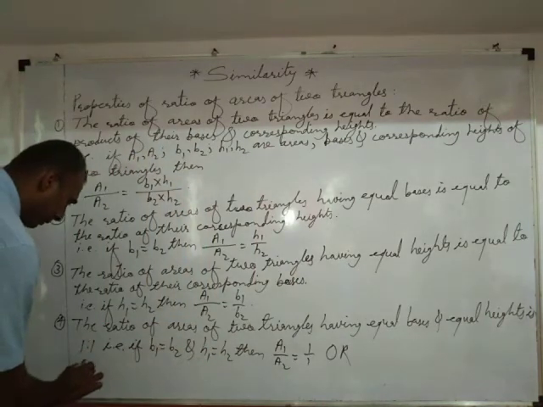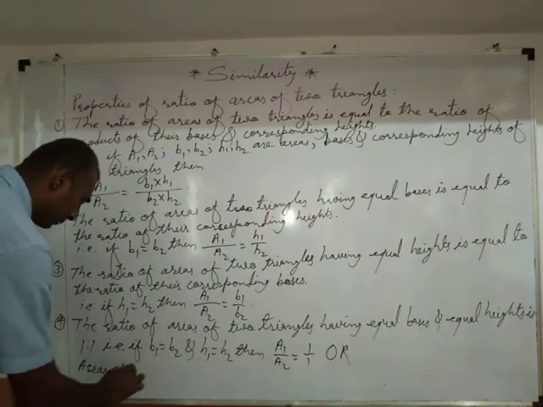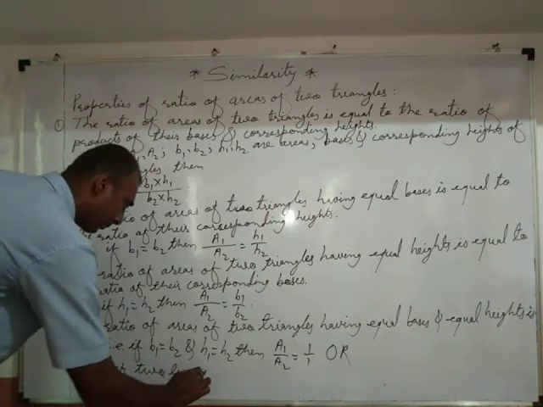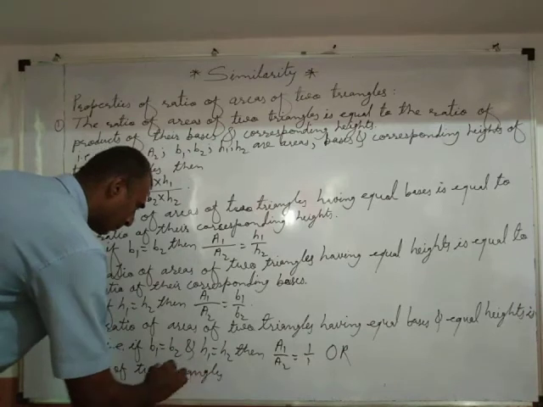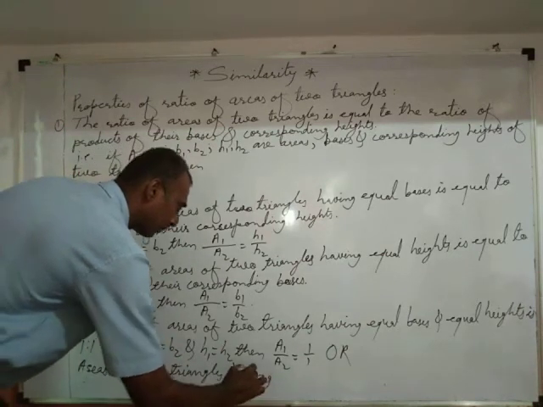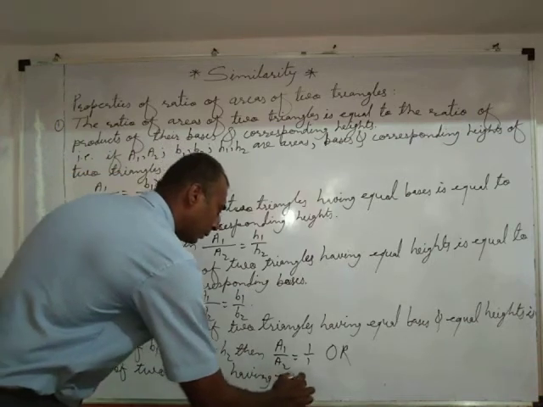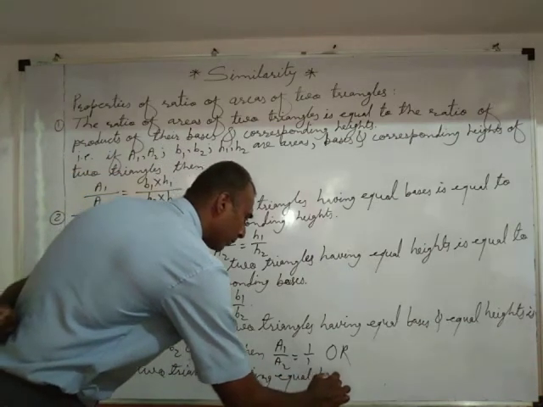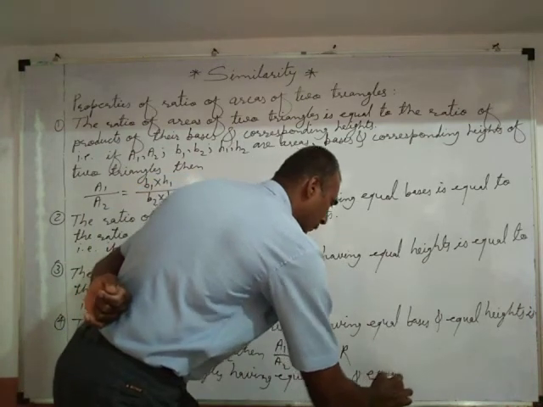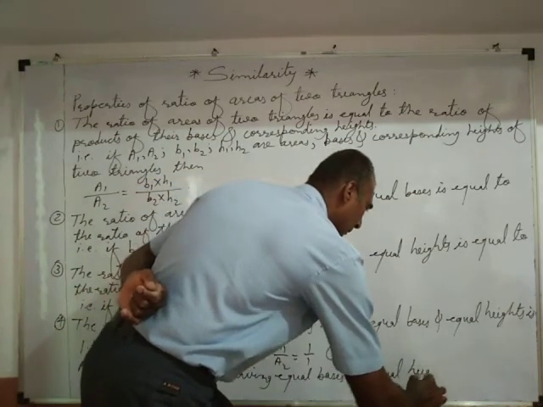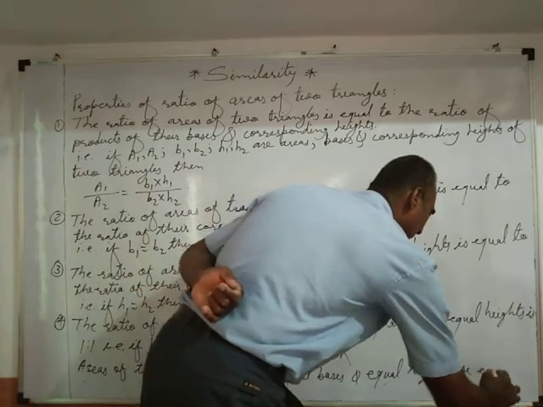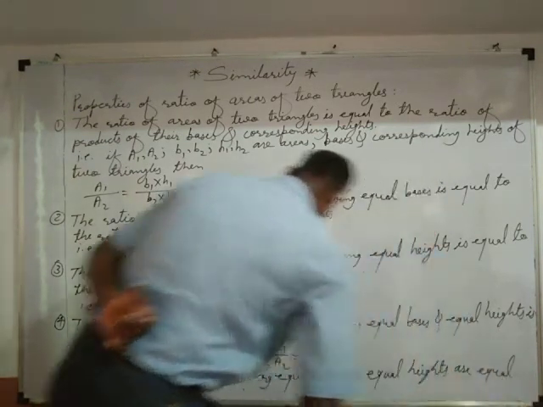or areas of two triangles having equal bases and equal heights are equal.